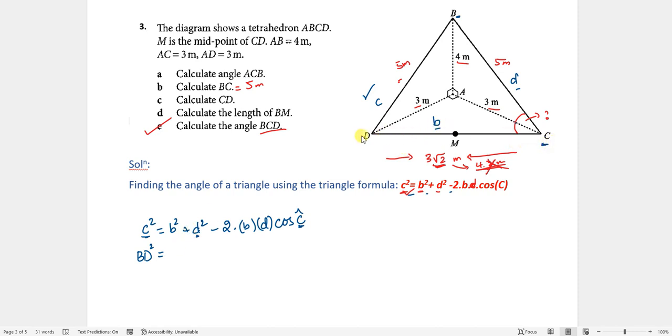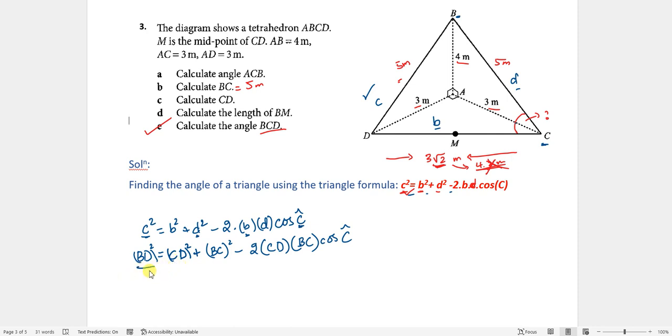B is C and D. So CD square plus D square. What is D square? D is BC square minus 2 times small b is CD again, times D. What is D? D is BC, cos angle C.